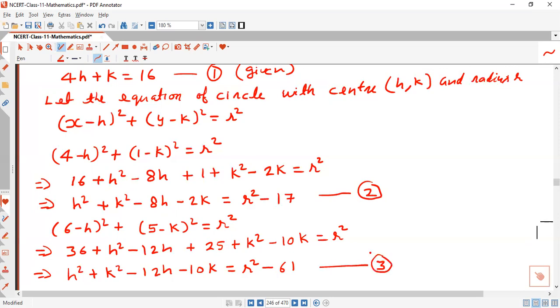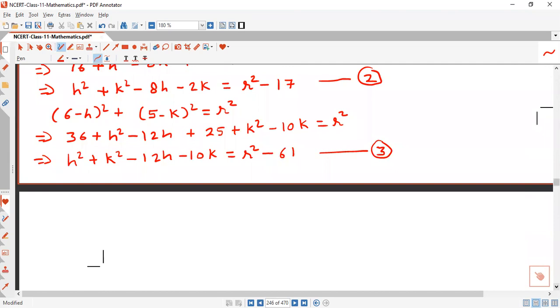Now we have 3 equations: equation number 1, equation number 2, equation number 3. We will solve these 3 equations to find the 3 unknowns h, k, and r. How do we solve this?